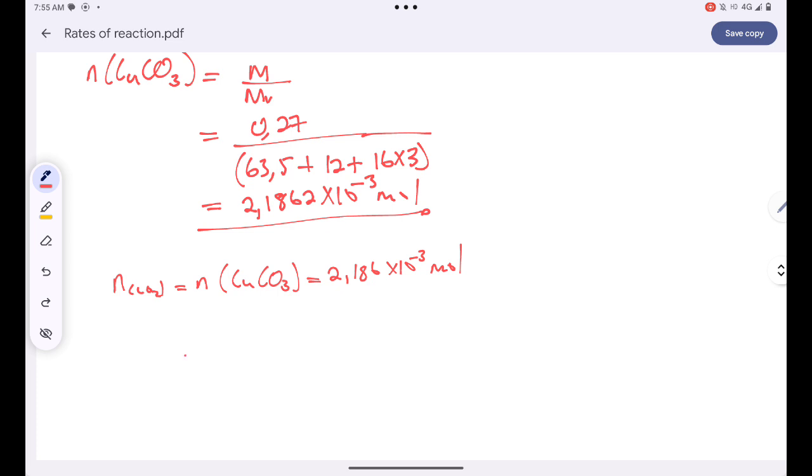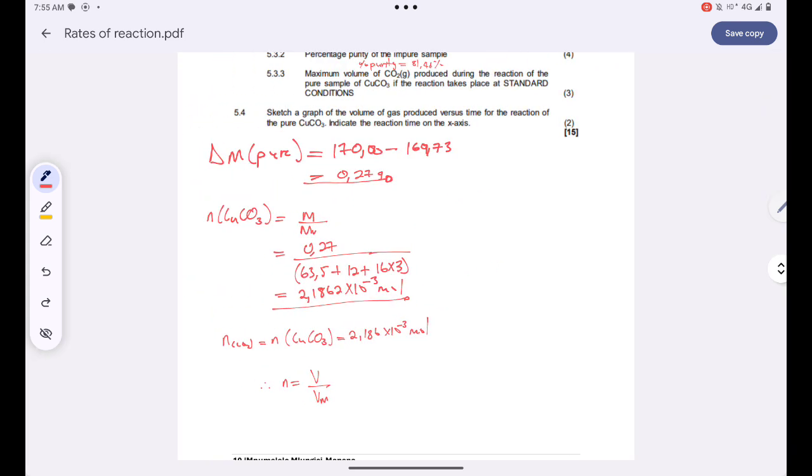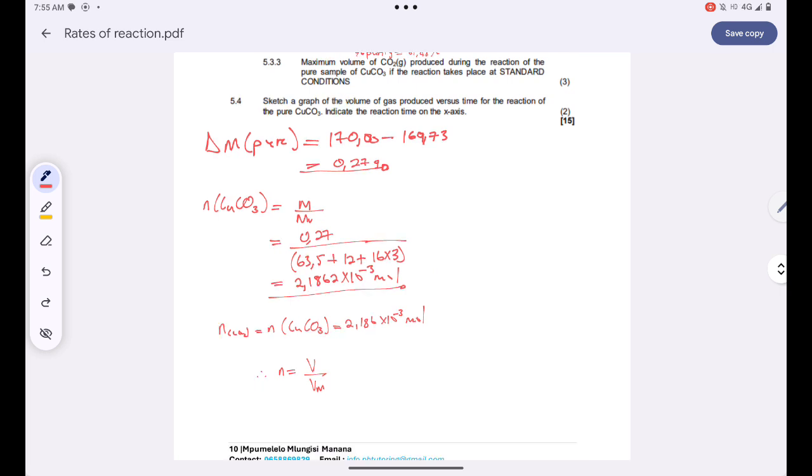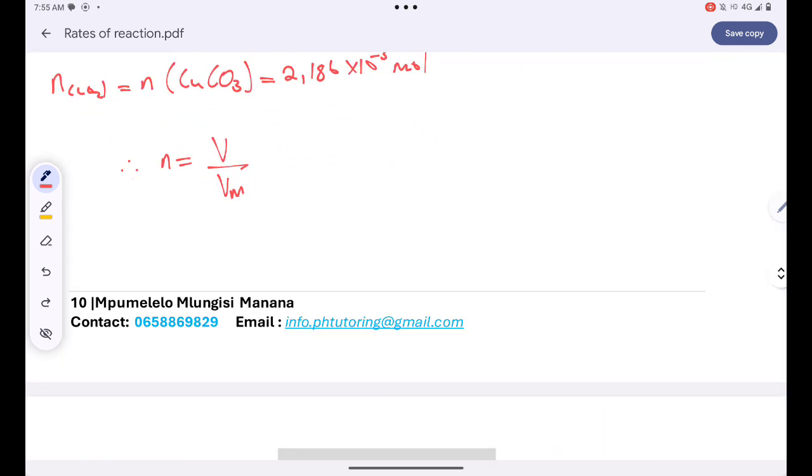For me to calculate the volume, number of moles is equal to volume all over the molar volume. Remember that, guys, we were asked to assume that the standard conditions were kept constant. If the standard conditions are constant, it simply means that the molar volume is 22.4 cubic decimeters. I'm looking for the volume.